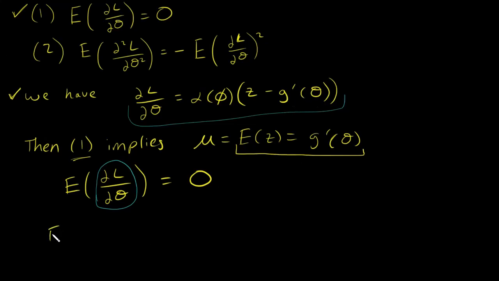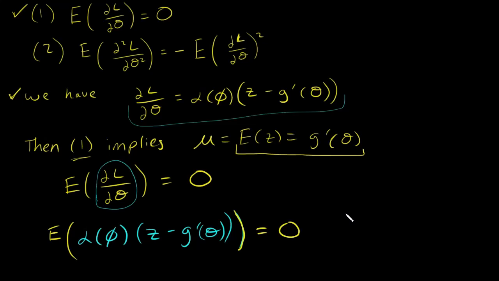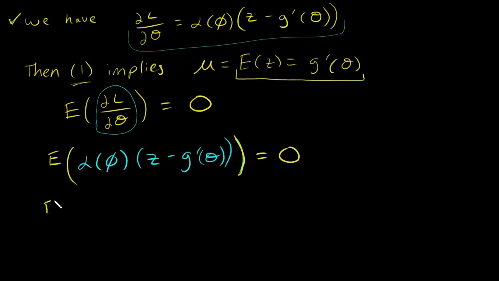I have the expected value of alpha of phi, that's a function of phi, times z minus g prime of theta, and then close parentheses on the expected value, equals 0.